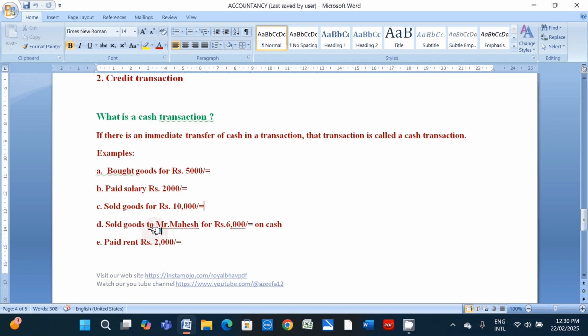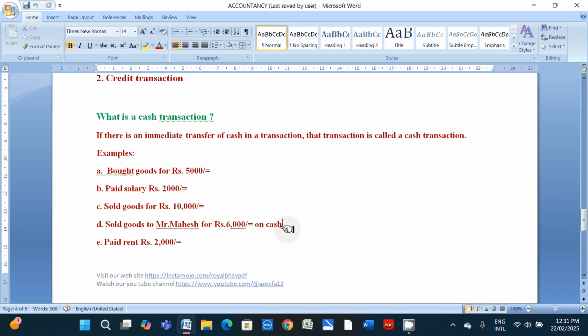Sold goods to Mr. Mahesh for rupees 6,000 on cash. In this transaction, we have to notice the words on cash. So it should be construed as a cash transaction.